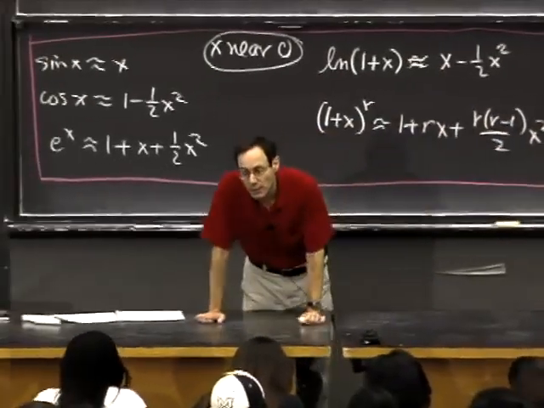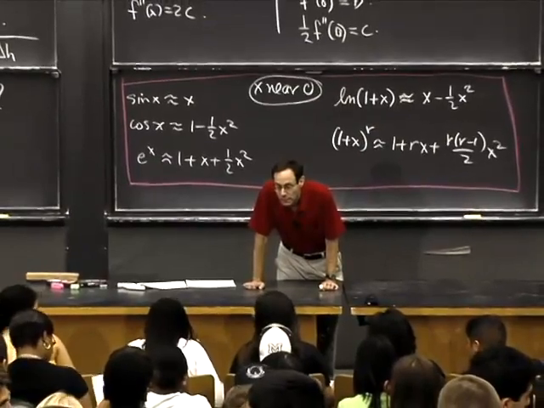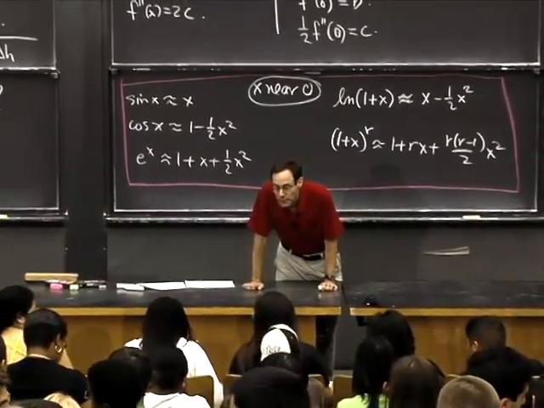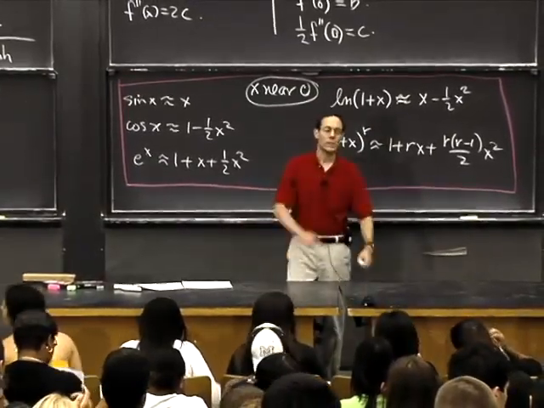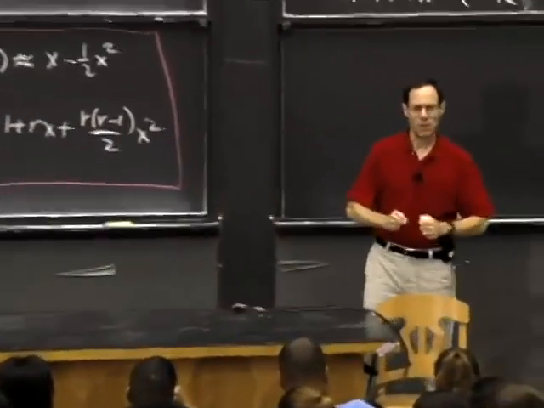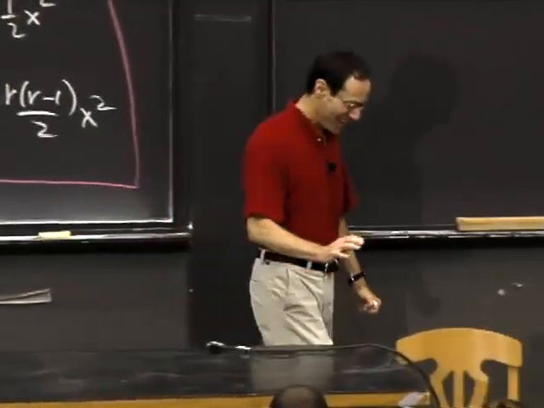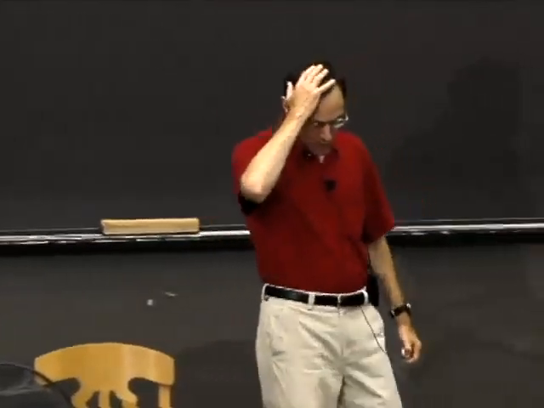Yeah, another question. I have a question about, when they give you a question, do they specify whether you should use linear or quadratic approximation? That's a very good question. When they, which in this case means maybe me, when I give you a question, does one specify whether you want to use a linear or a quadratic approximation?